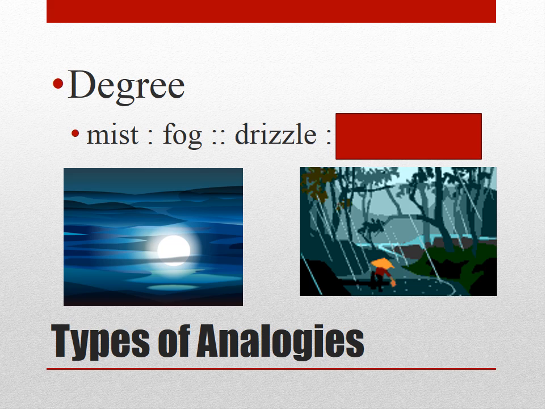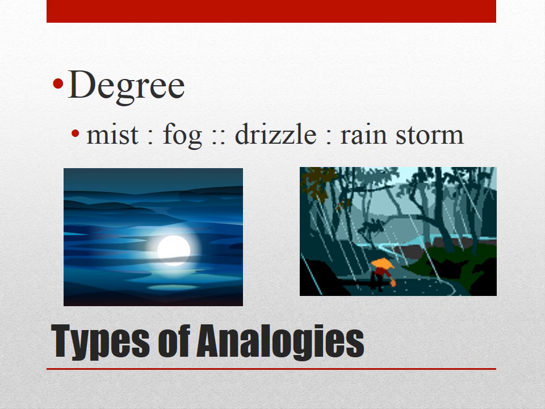What would be the big part of drizzle? That'd be rainstorm. So mist is to fog as drizzle is to rainstorm. So again, mist is a little bit of fog and drizzle is a little bit of rainstorm. So that we have the degrees of those things.